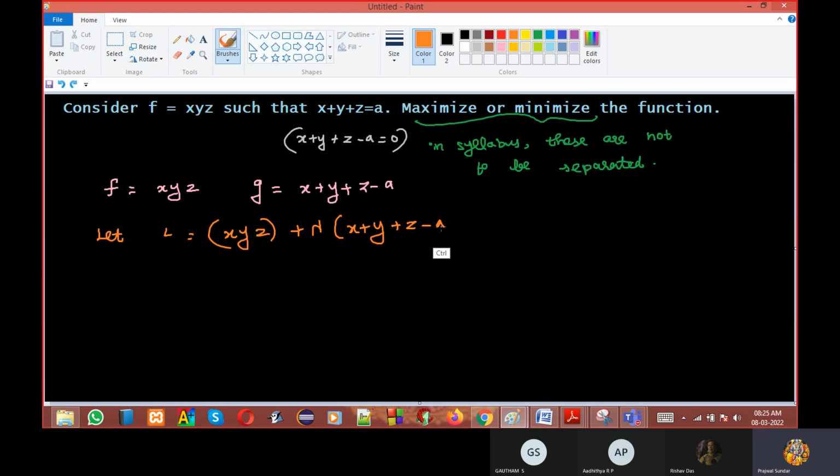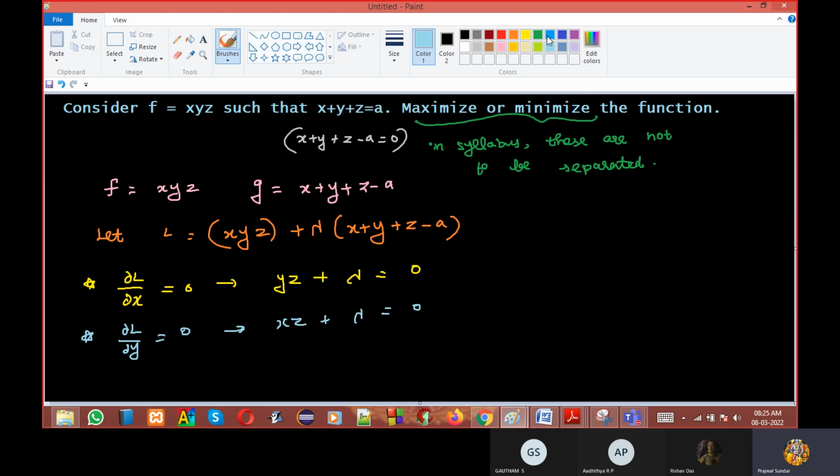So now, first I'm doing dou L by dou x equal to 0. What will you get? You will get yz plus lambda equal to 0, correct? Then I'll get dou L by dou y equal to 0. This will give me xz plus lambda equal to 0.